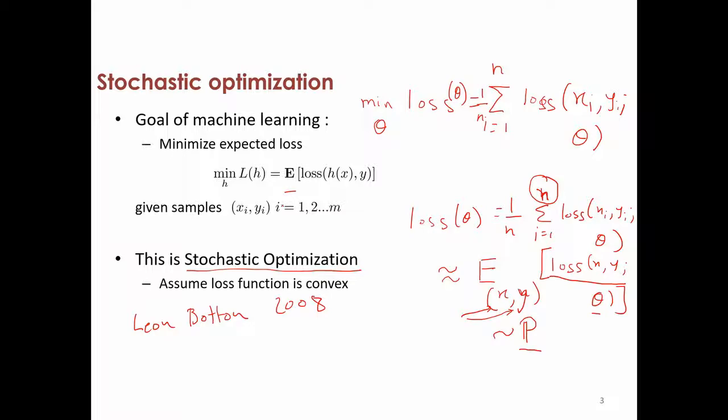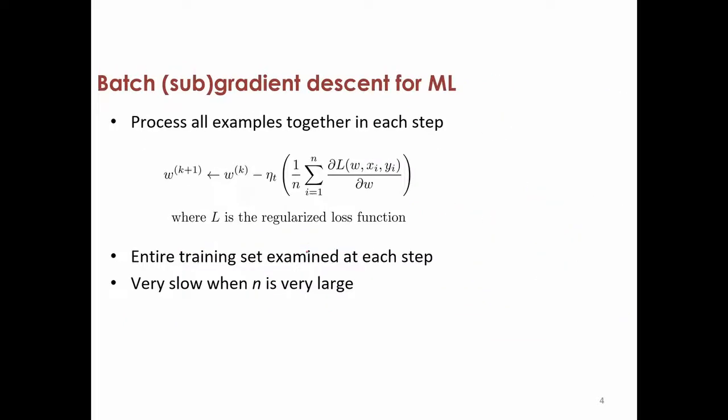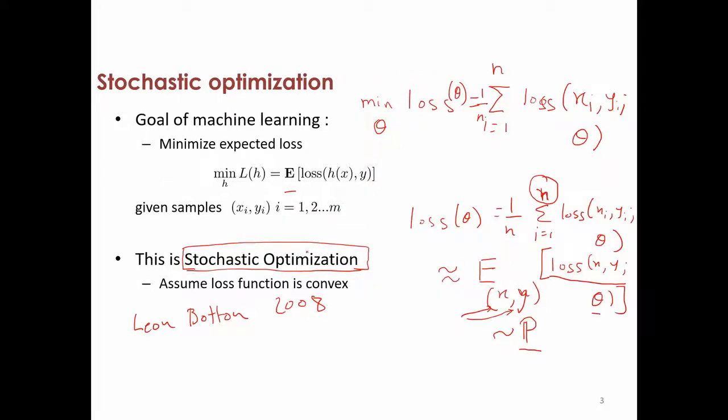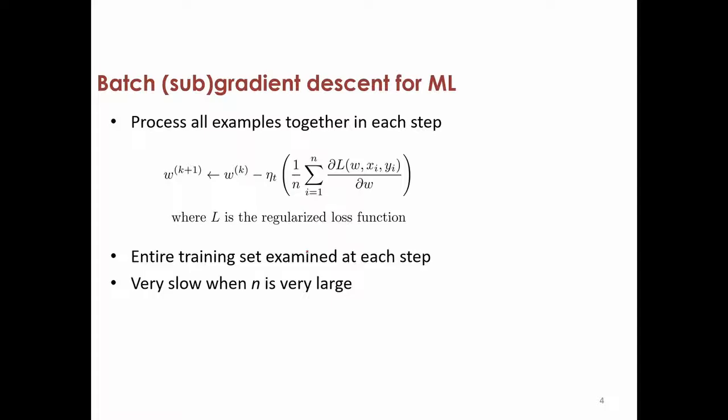With this formulation, Leon Bottou said that machine learning is really a stochastic optimization problem. So this is one part of the story. Now let us come to the other part of the story.